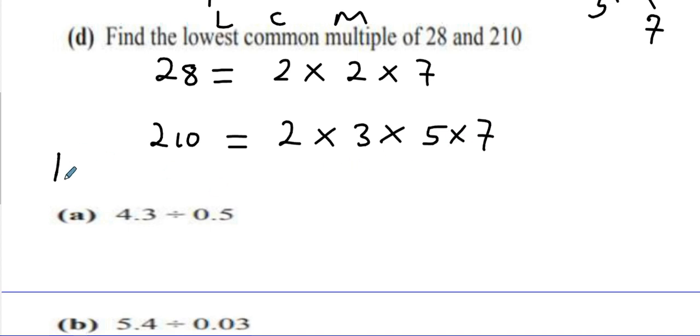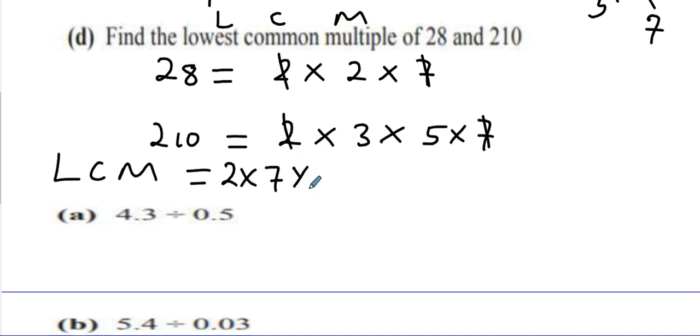Now for LCM, we said first pick common factors. 2 and 2 is common. Pick them. 7 and 7 is common. Put them there. Now, because it is LCM, we also have to include those factors which are not common. So 2 is not common. Record it over here. 3 is not common.